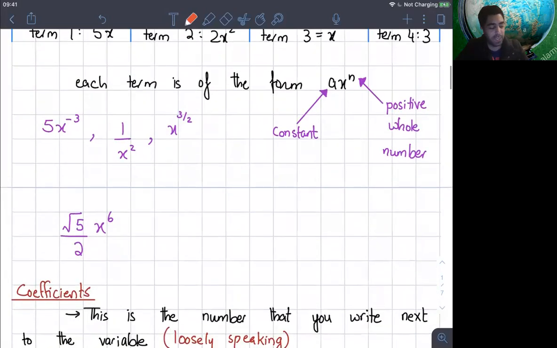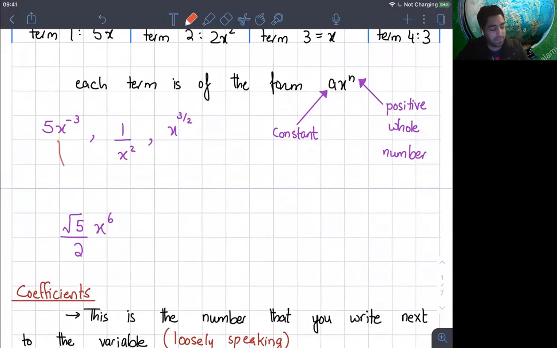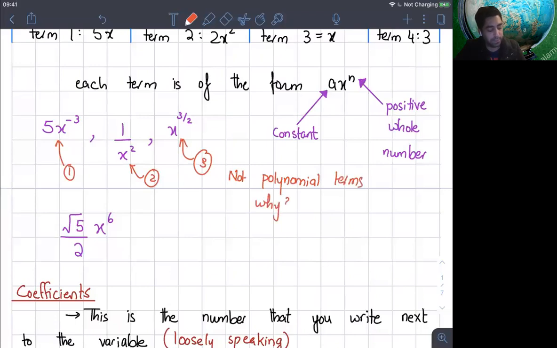Now, if we come down here, if you look at these 3 terms, 1, 2, and 3, well, these are not polynomial terms. And we want to see why. Well, the reason for that is that if you look at the power of x right here, the power is -3.